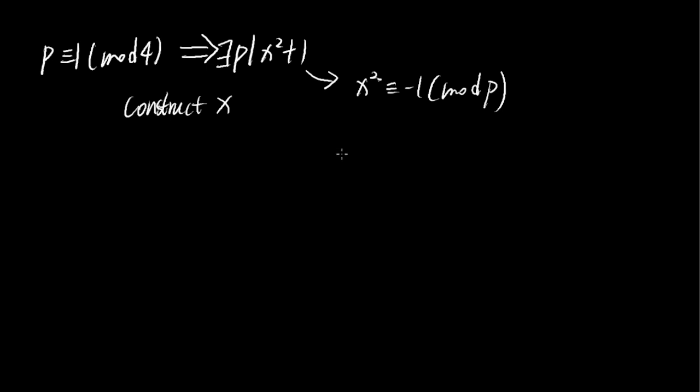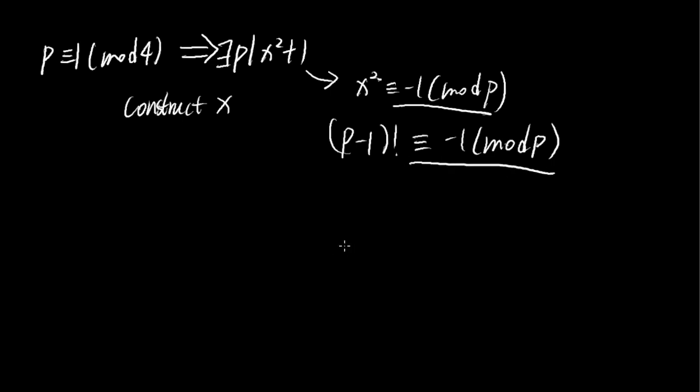Yes, the famous Wilson's theorem: p minus 1 factorial is congruent to negative 1 mod p. It's essentially the same on the right-hand side. So we think it may be possible to construct an x such that x squared is congruent to p minus 1 factorial or something related to this, and we finally get minus 1.